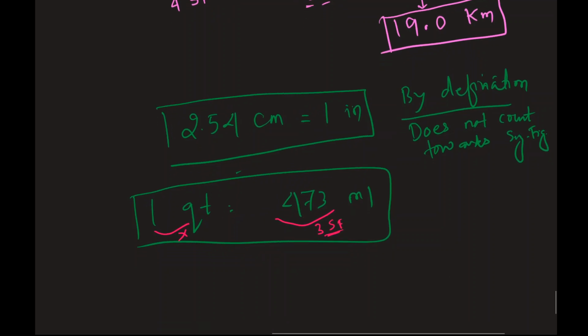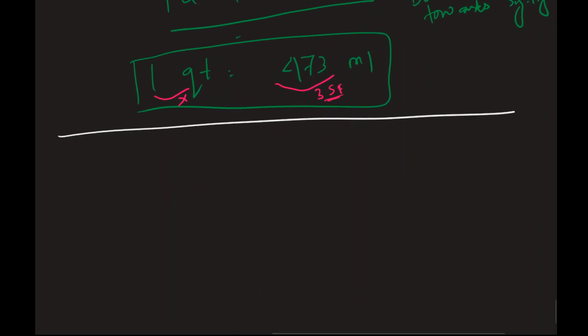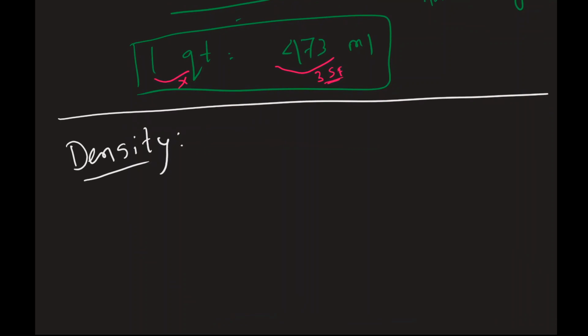So let's move on to the next concept. It's a pretty simple concept, guys, which is density. I know you will be in your lab, so I have to finish this. The formula of density we all know, it's going to be mass by volume.